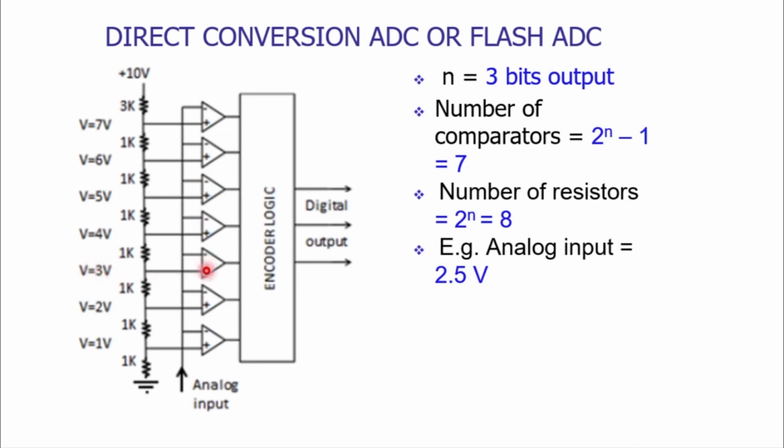Since it is less than the reference voltage, the output at the third comparator would be 0. At the fourth it would be 0, and so on; for all other comparators, the output would be 0. Now we are getting a high level output at the second comparator and a high level output at the first comparator. As I mentioned, we are using an 8 to 3 priority encoder.